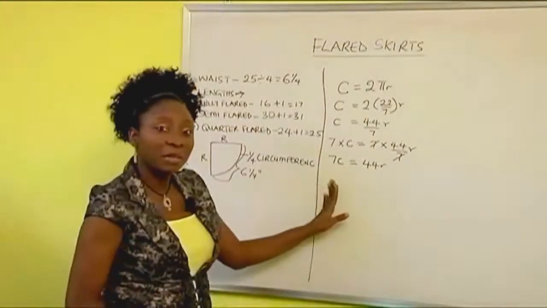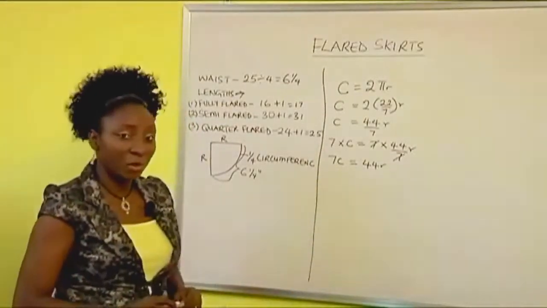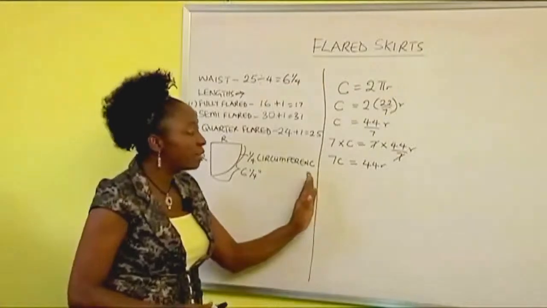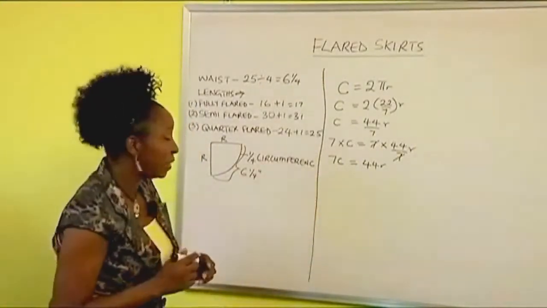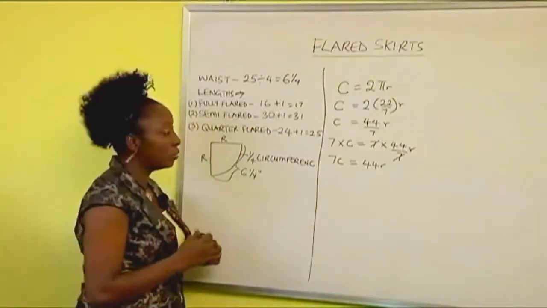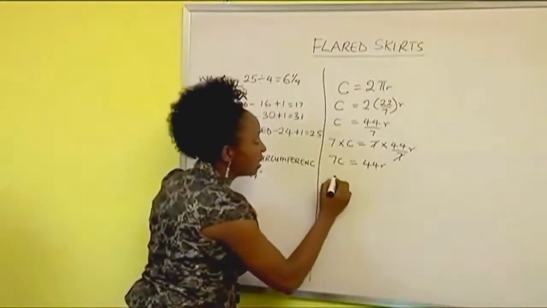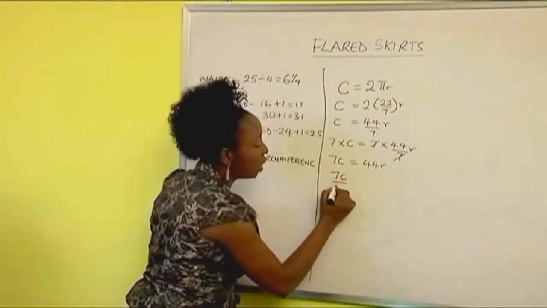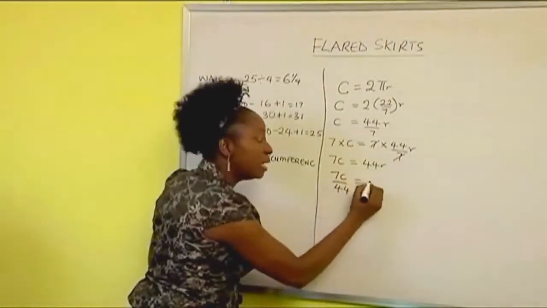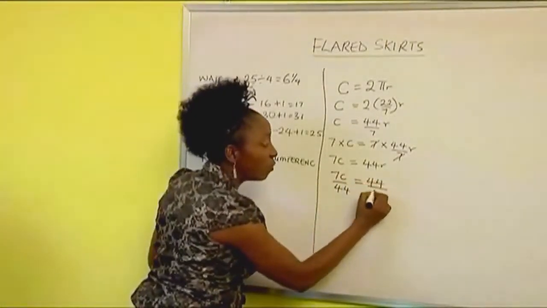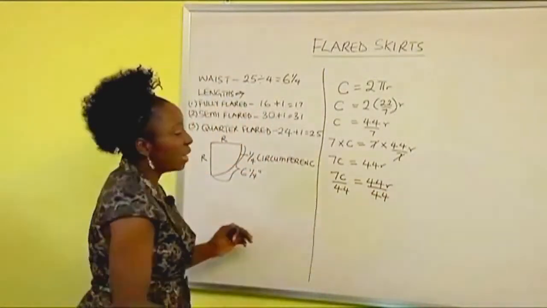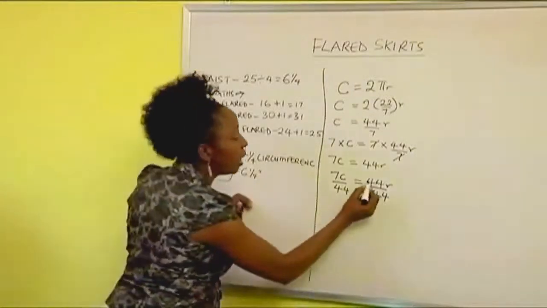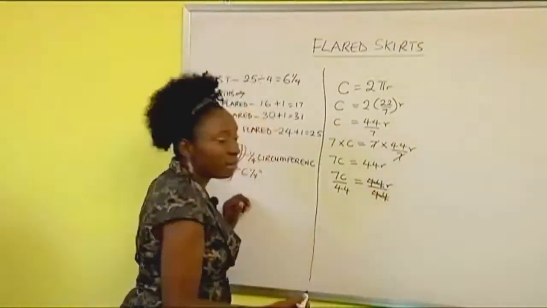So you can see that we're very close to making r the subject of the formula. So I want to take this and divide both sides by 44. Very clever. That's why mathematics is very good for life. So 7C divided by 44 would give me 44r over 44. Now, I just cancel 44 with 44, and then what I'm left with is r.